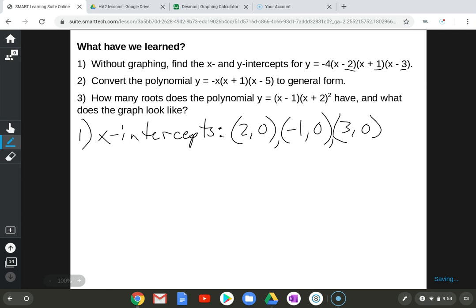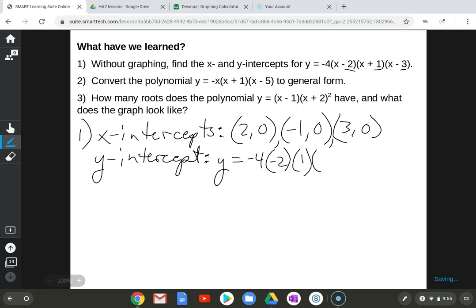So 3 x-intercepts. Our y-intercept, in order to find it, you set your x equal to 0, so you get -4 times -2 times 1 times -3, which ends up being -24. So our y-intercept would be the point (0, -24).